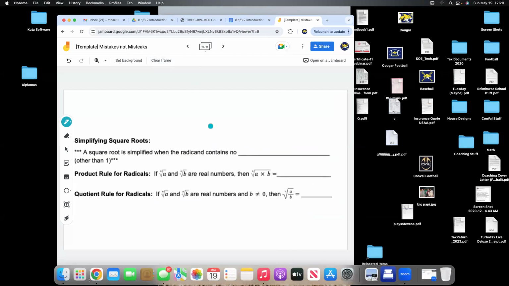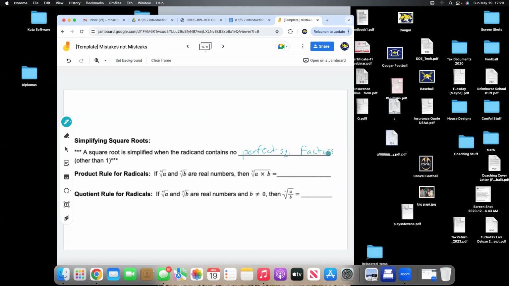Simplifying square roots. Right, a square root is simplified when the radicand contains no perfect square factors. Hopefully my handwriting is legible here.